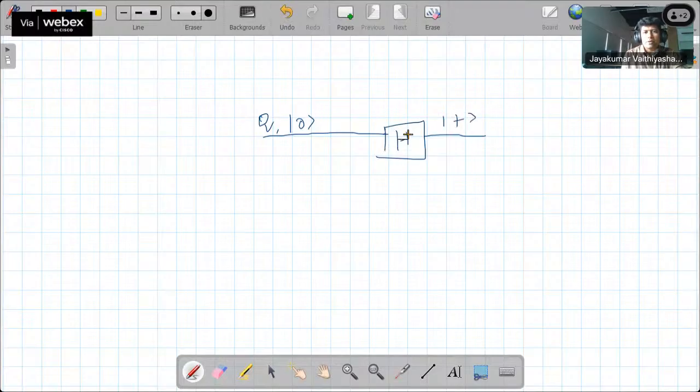So after Hadamard, it will create state plus. Suppose you are applying Hadamard again, what will you get? State 0. Great. So when you do measurement right now, what will you get? Binary value 0.